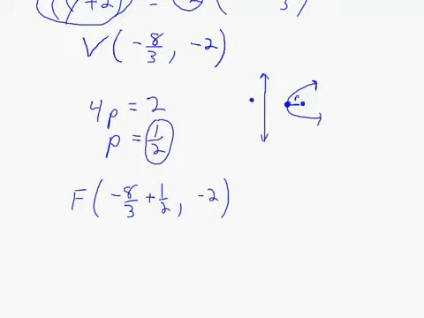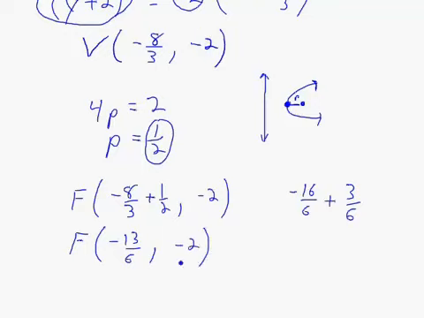So I get -8/3 plus 1/2. Well, -8/3 is really -16/6, and 1/2 is 3/6. So the focus point has first coordinate -13/6, and the second coordinate doesn't change from the vertex. It's -2. So there's your focus point.